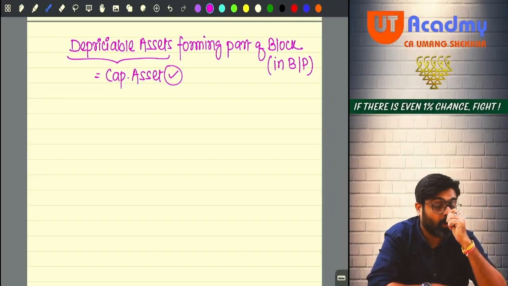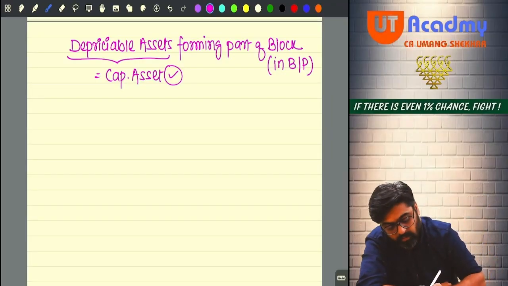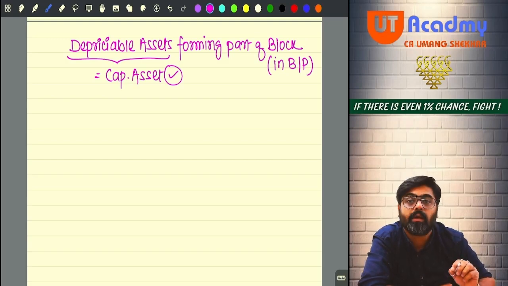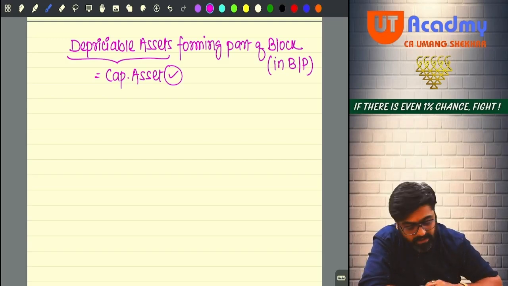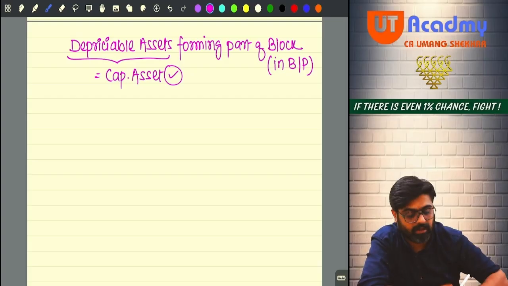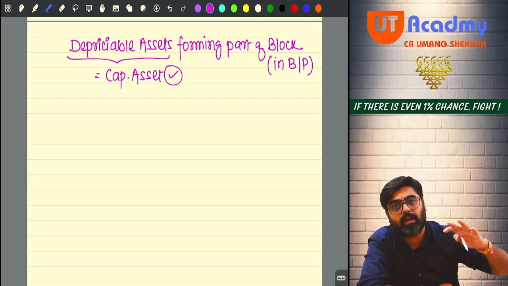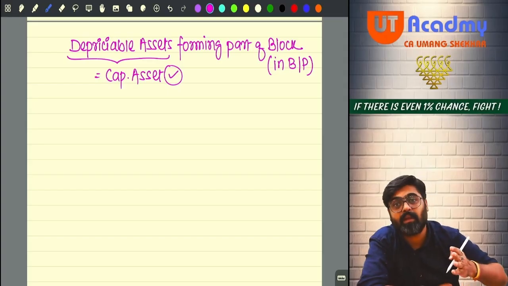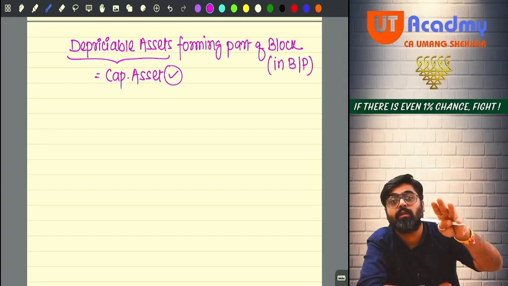What they are trying to tell you is that there is one section, section 50, under the capital gain head, which says that depreciable assets which are forming part of the block, on which you are claiming depreciation, there are chances that capital gain or capital loss might also arise.